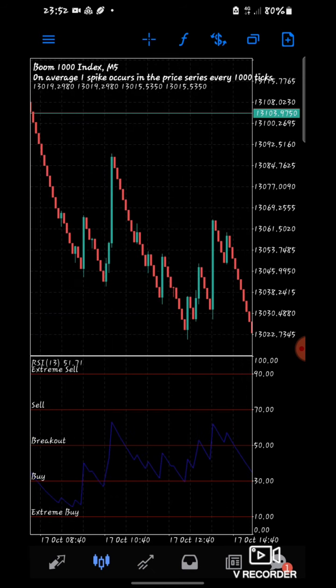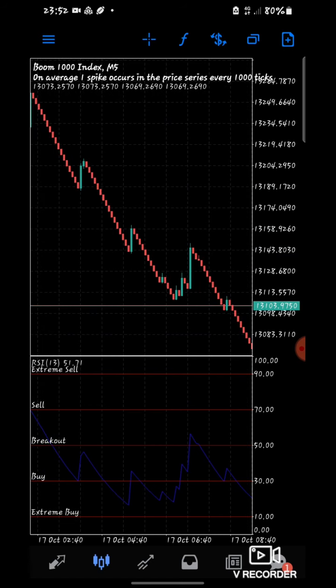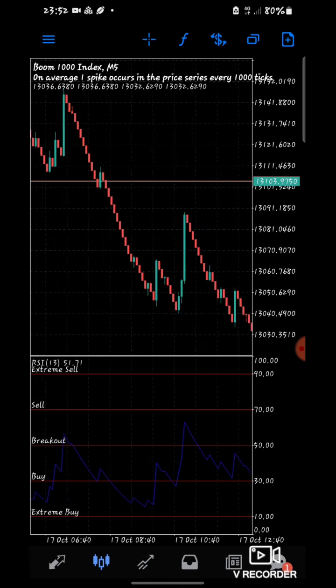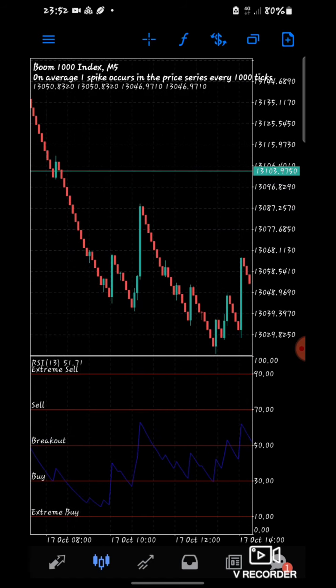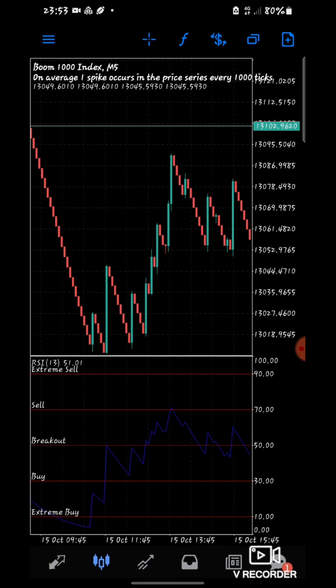All right, so, guys, another thing I want to tell you is this: whenever you place any trade using the 5 minutes time frame, make sure you place a stop loss of a maximum of 3 candles.